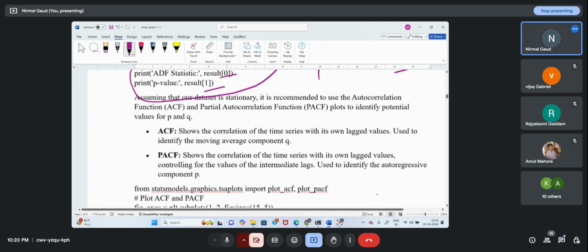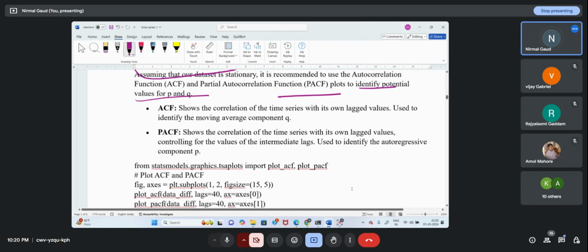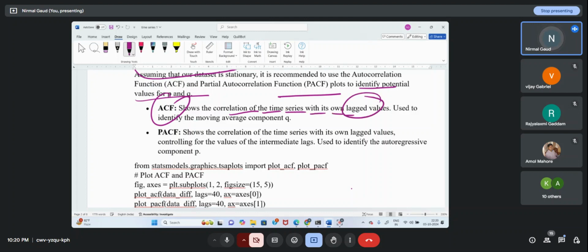We do have ACF and PACF to identify potential p and q. There are two parameters, as I told: p and q, the p component and the q component. ACF, that is autocorrelation, shows the correlation of the time series with its own lagged values. What are the lag values?